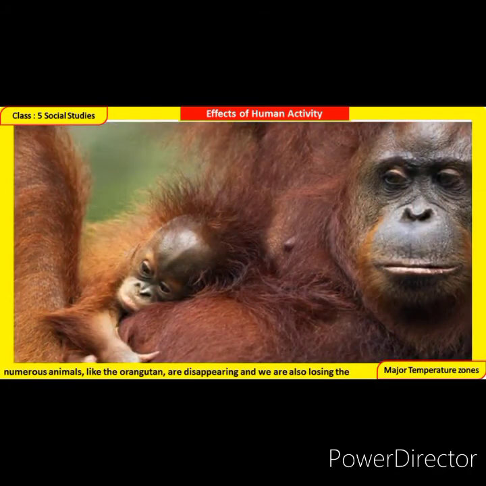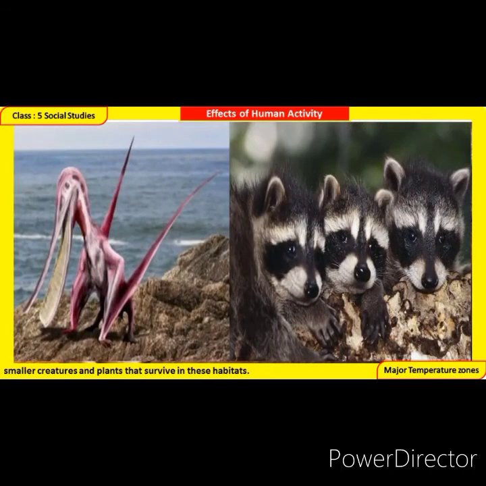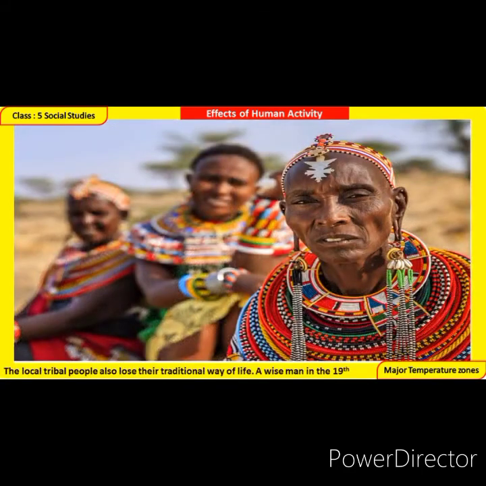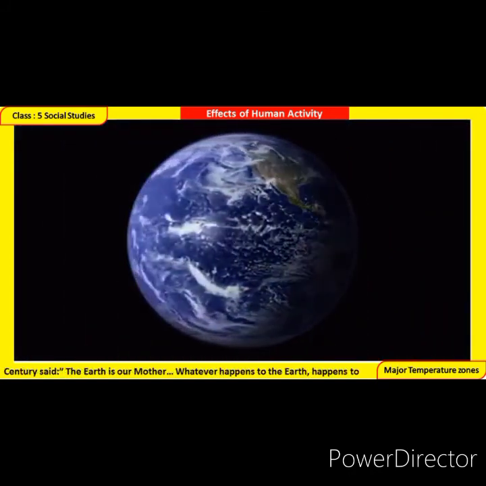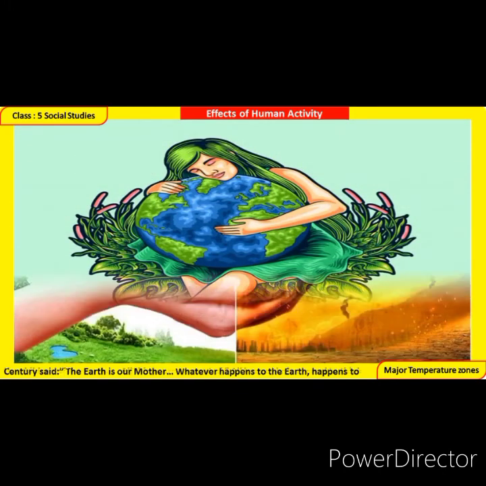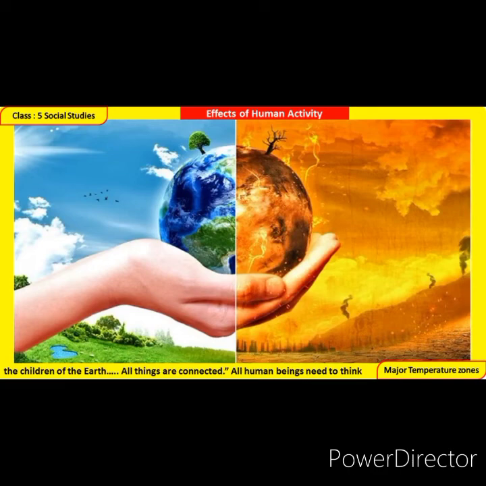The local tribal people also lose their traditional way of life. A wise man in the 19th century said that the earth is our mother. Whatever happens to the earth happens to the children of the earth. All things are connected to each other. We need to think about this planet. We need to think about this earth.